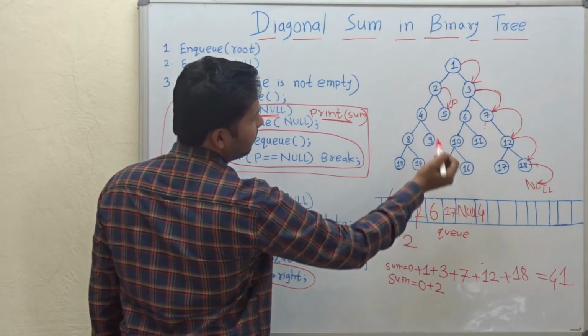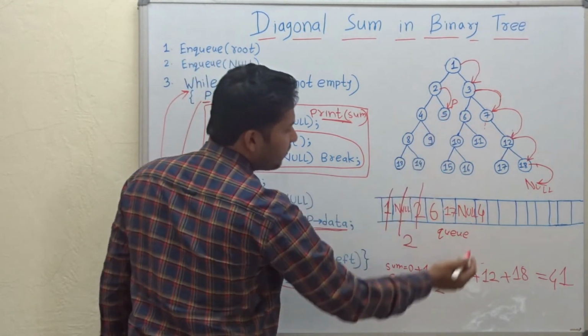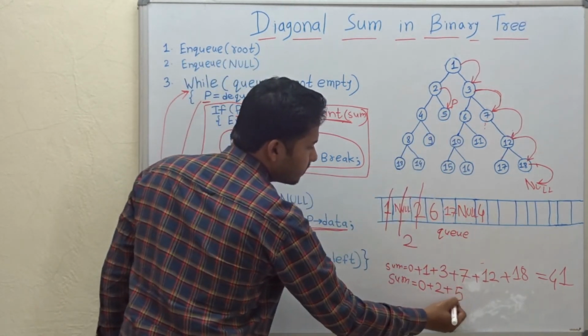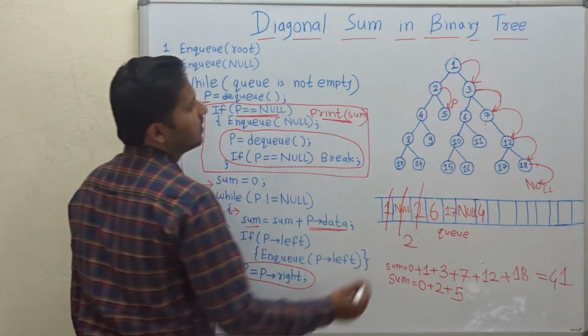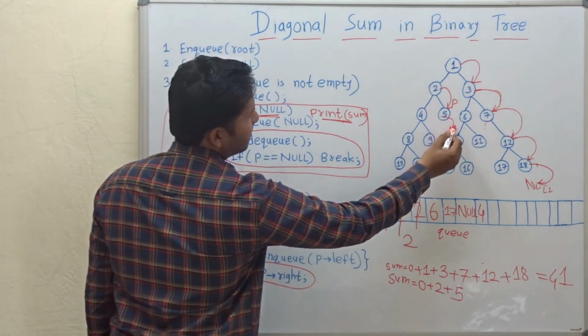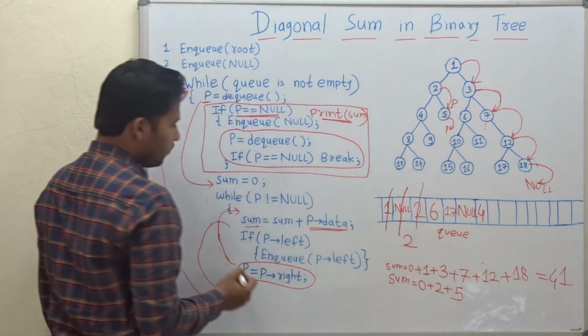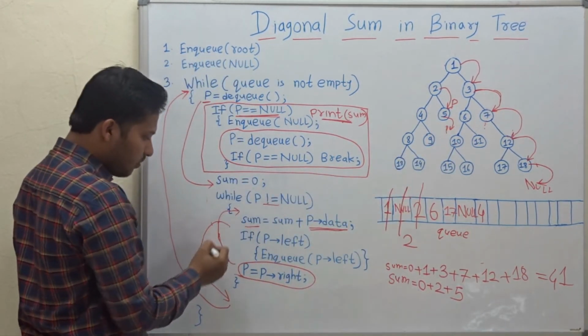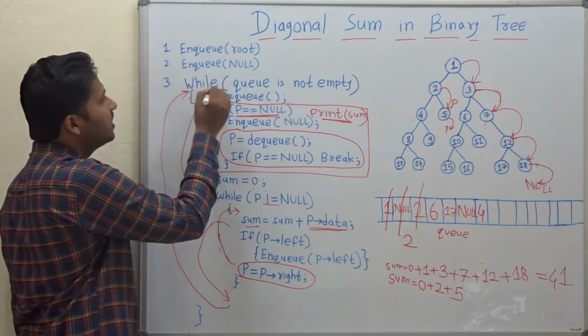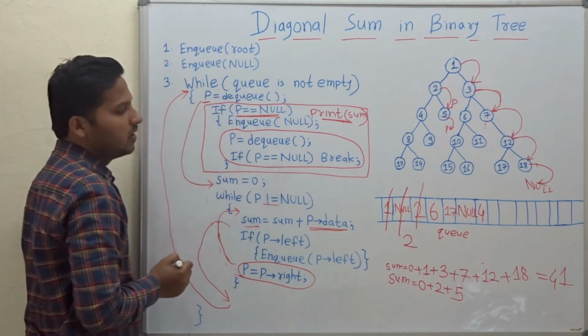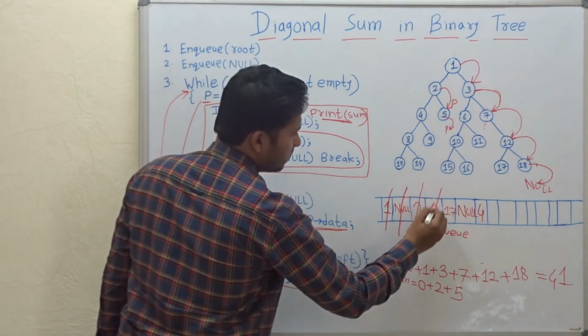Check whether it has a left child. No. So just add 5 to the sum, and move to the right. Now P is null. When P is equal to null, we come out of this while loop and go to the beginning of the outer while loop, and we dequeue again.